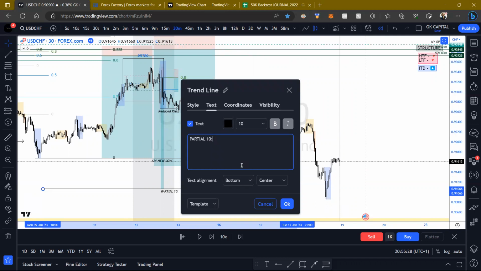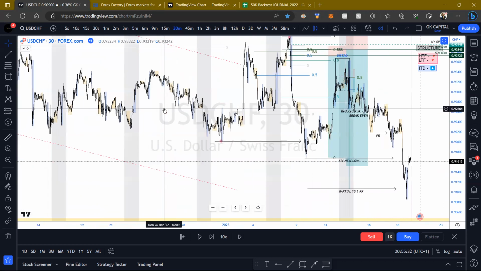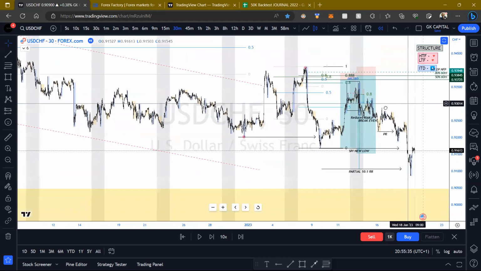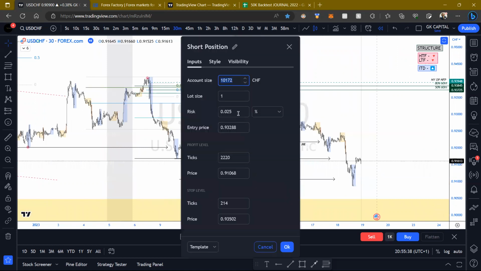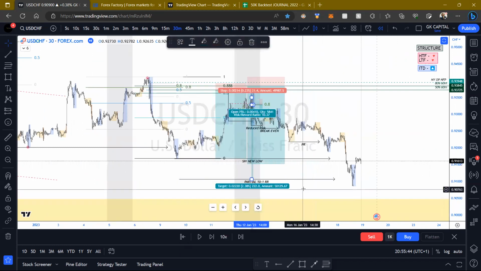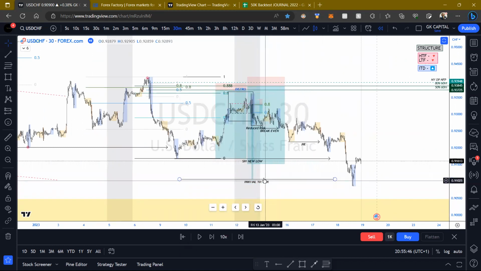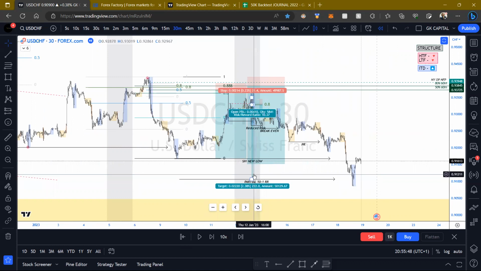Partial 10 to 1, reduced RR. Because this was pretty much like order flow, I would be taking a significance. I'll take 25% off. And let's see. We're currently sitting in profit of 129, and we're going to be taking 25% off, 0.25.